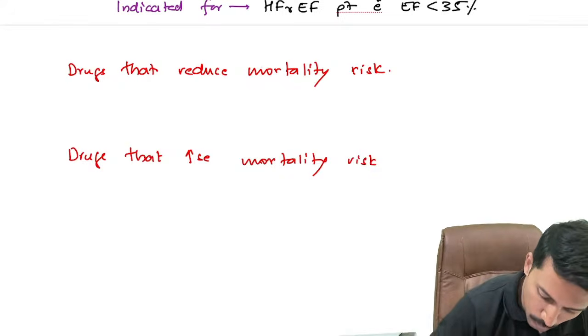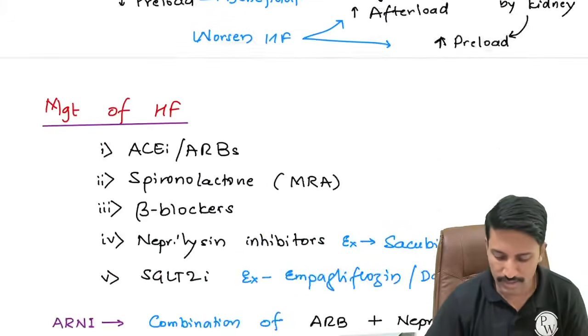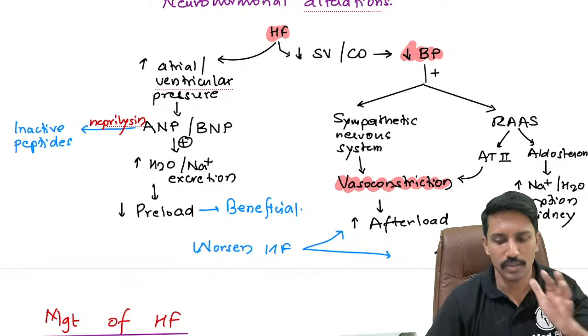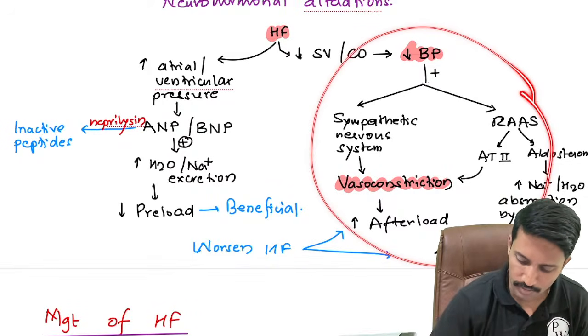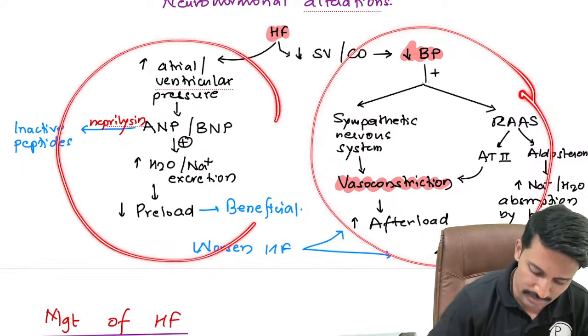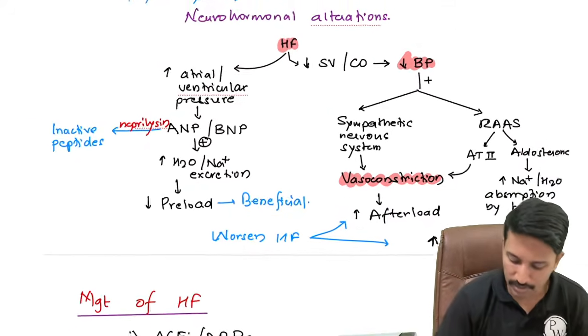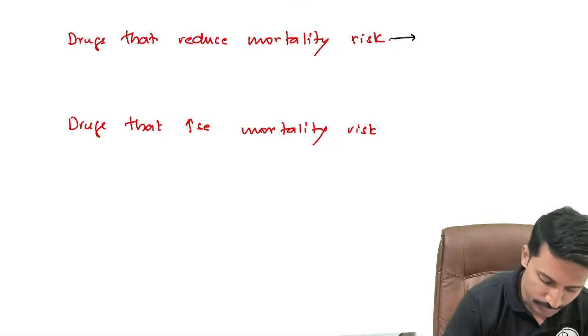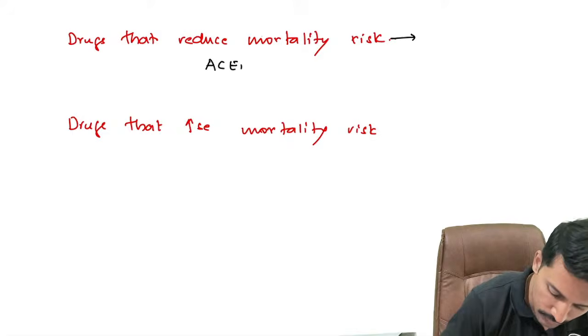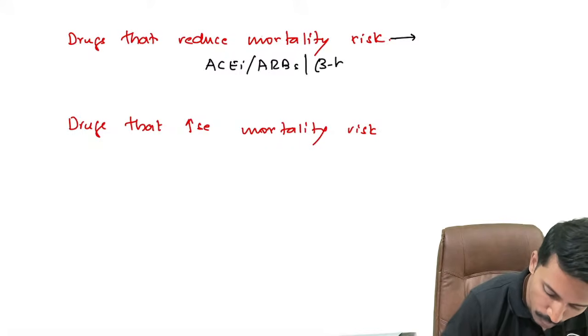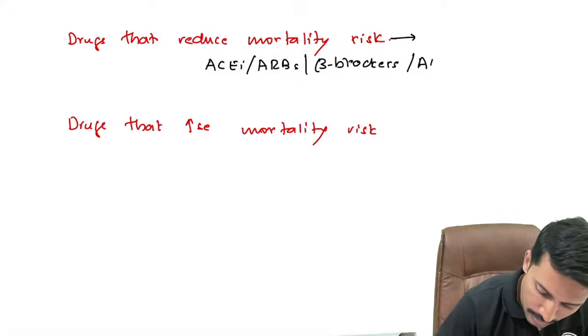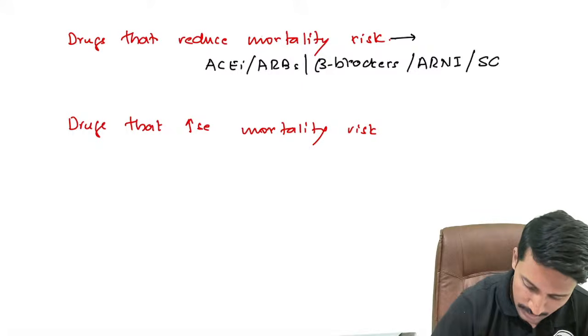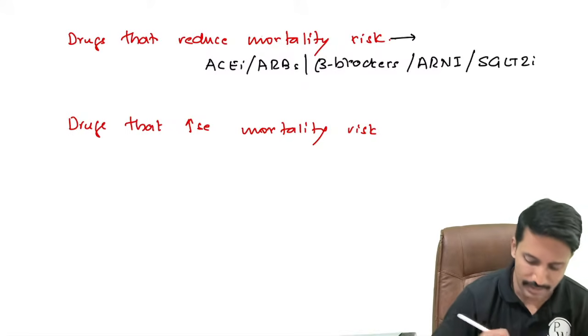So what drugs decrease the mortality or death risk? Of course, anything that calms down this harmful adaptation or anything that facilitates this beneficial adaptation decreases the mortality rate. So ACE inhibitors decrease, ARBs decrease mortality, beta blockers decrease mortality, right? Then ARNI or neprilysin inhibitors decrease the mortality. Even SGLT2 inhibitors decrease the mortality.